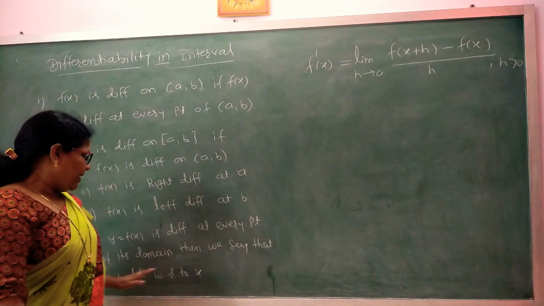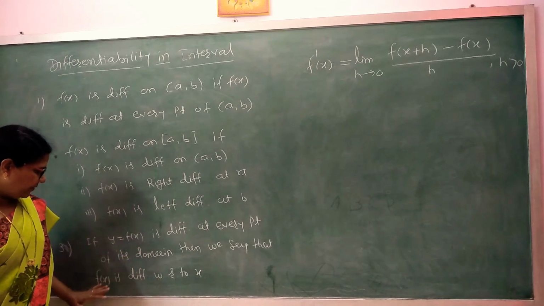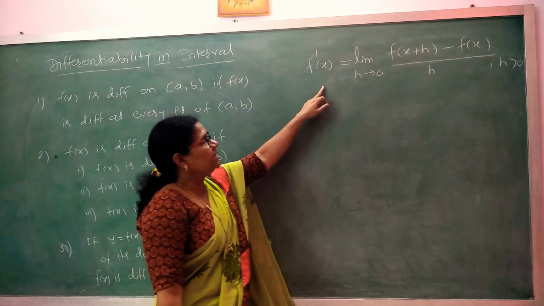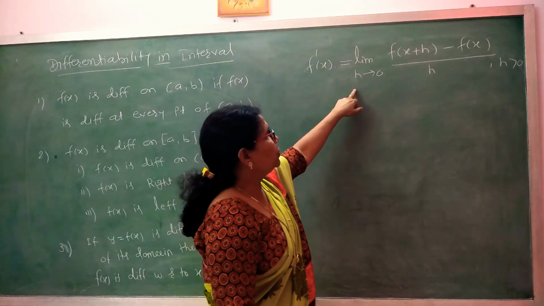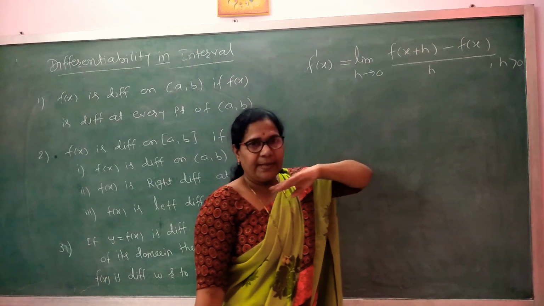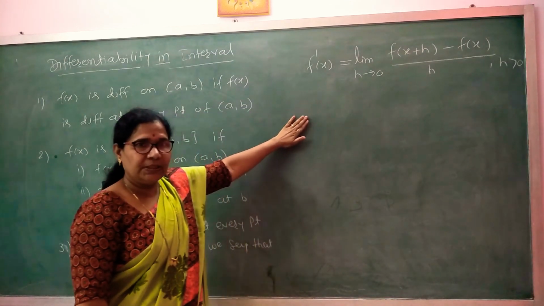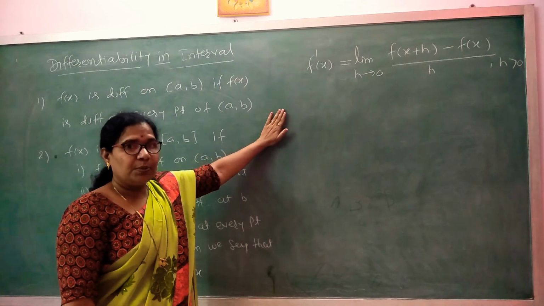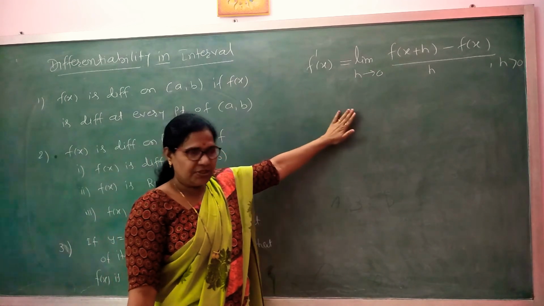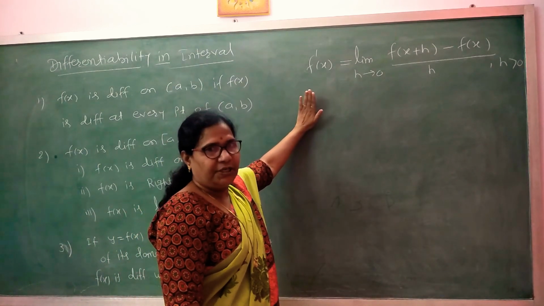Now here y equal to f of x is the general function, and this function is differentiable with respect to x. Then we write it as f dash x equal to limit h approaches to 0, f of x plus h minus f of x divided by h. And this is also called the definition of the derivative or first principle of derivative.